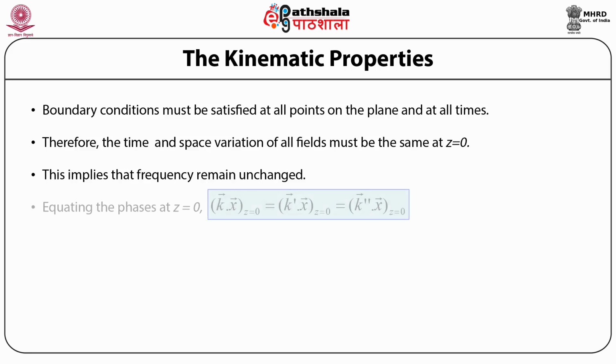So, if we look at the phase term of the three equations, then we get, at z equal to 0, the dot product of the wave vector k with the position vector x at z equal to 0, denoting the phase of the incident wave, should be equal to the dot product of the wave vector k prime and the position vector x at z equal to 0, denoting the phase of the refracted wave, and this should be equal to the dot product of the wave vector k double prime and the position vector x at the point z equal to 0, which denotes the phase of the reflected wave.